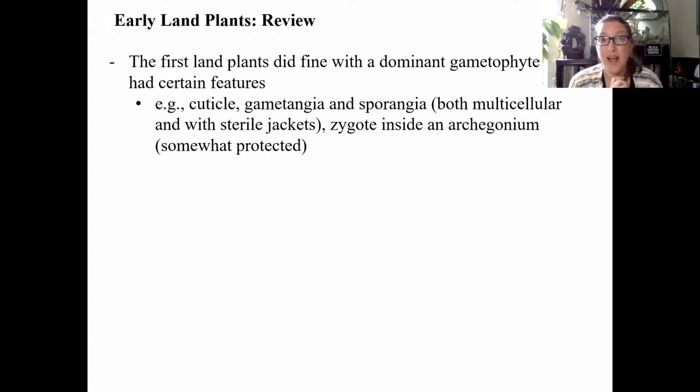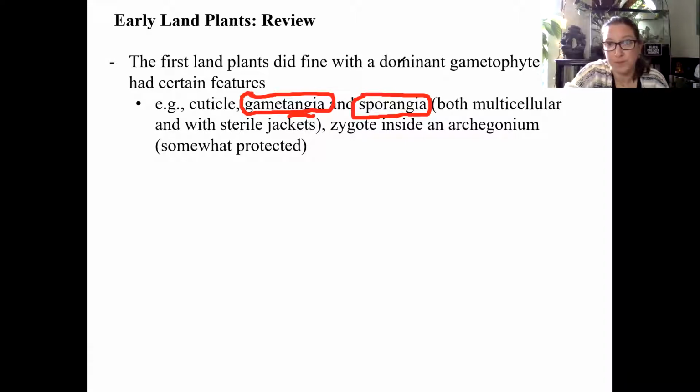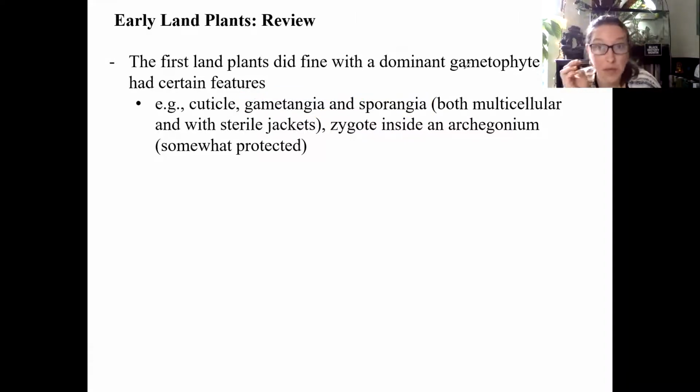What else did the first land plants have with their dominant gametophyte that allowed them to be on land? Well, they had gametangia and sporangia. Don't get scared about gametangia. It's just saying gamete-making things and spore-making things.